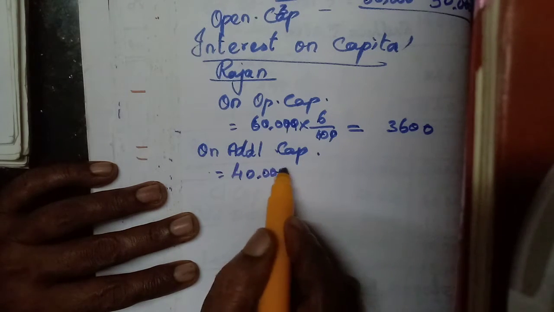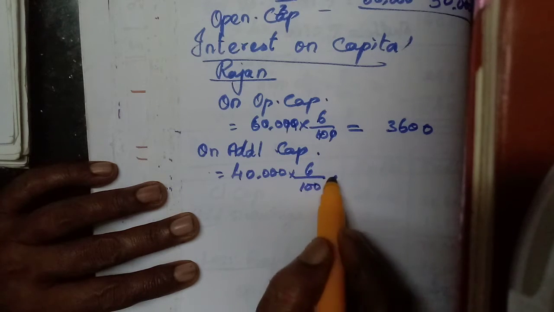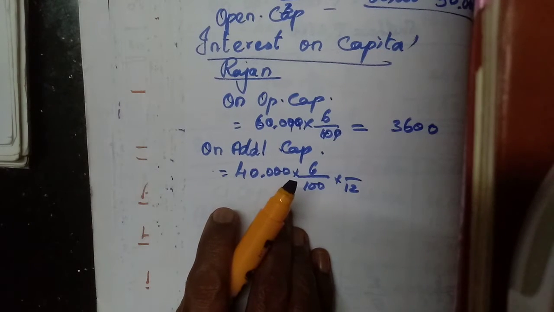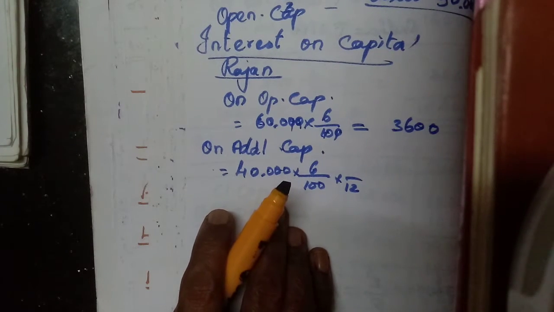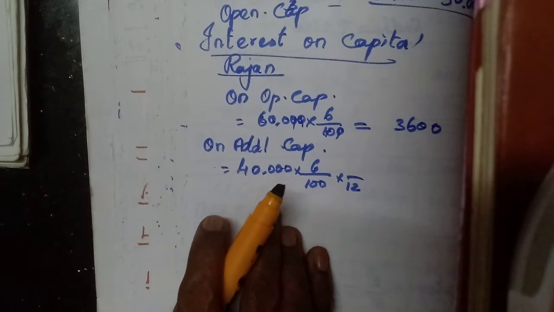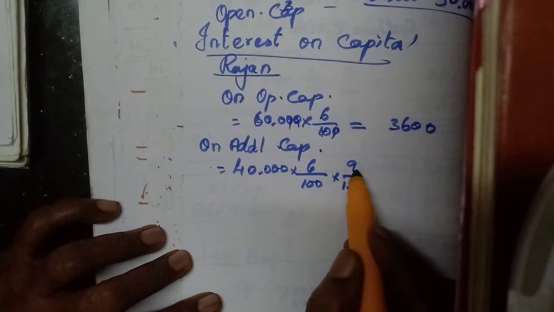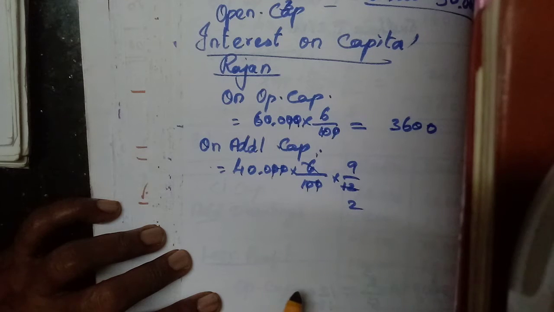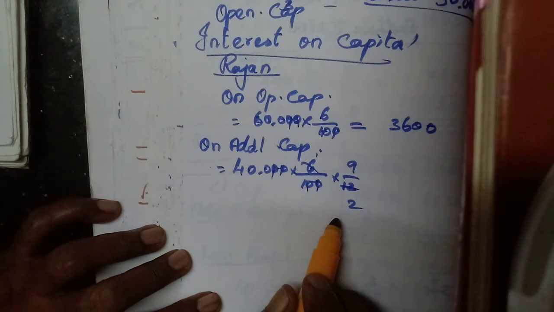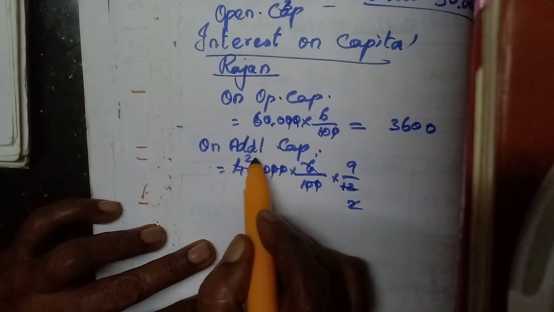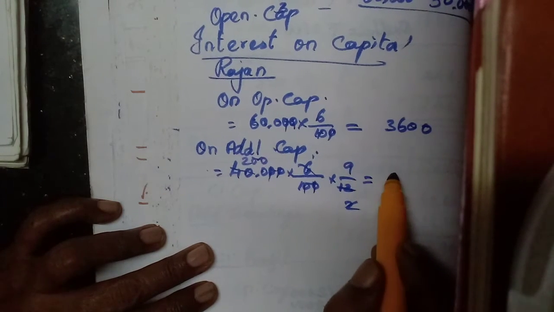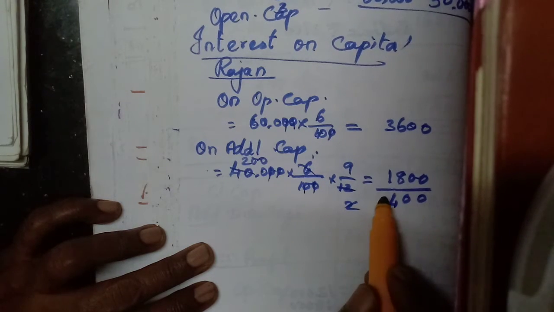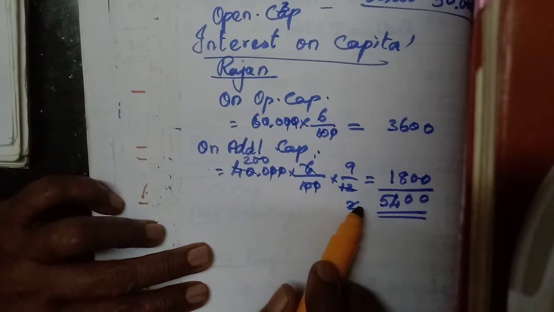Then when he is introducing, we have to calculate. Rajan introduced it on 1st April. The accounts close on 31st December, so from April onwards, 9 months from April to December. Now we will simplify. 200 into 9 is 1,800. So 3,600 plus 1,800 is 5,400.